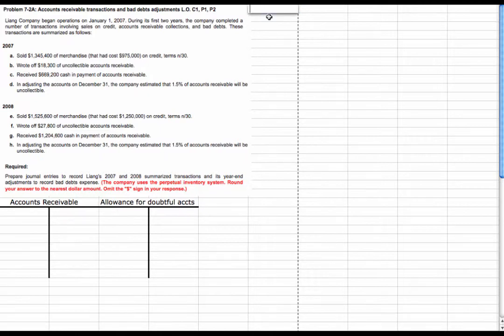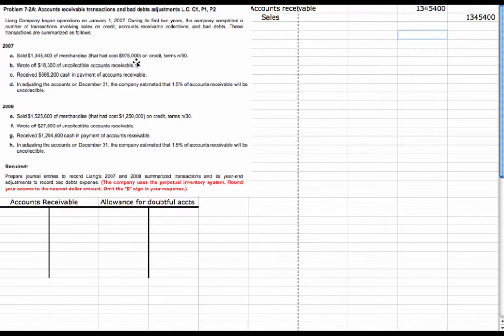So we're going to debit accounts receivable for $1,345,400, and we're going to credit sales for the same amount, $1,345,400. So what we've just done is we've recognized the increase to accounts receivable, but we've also increased the amount of the sales for the year 2007.